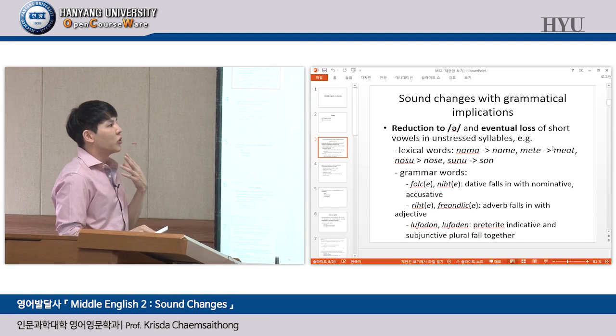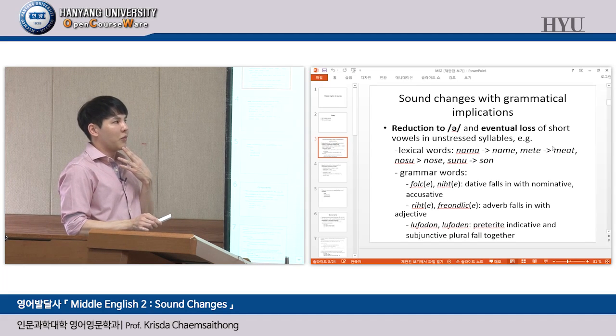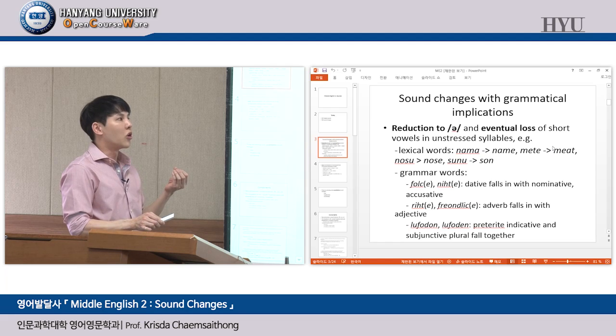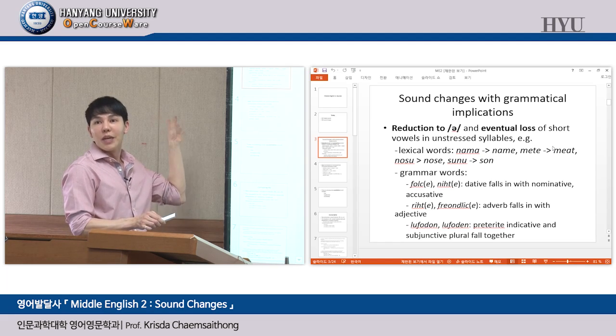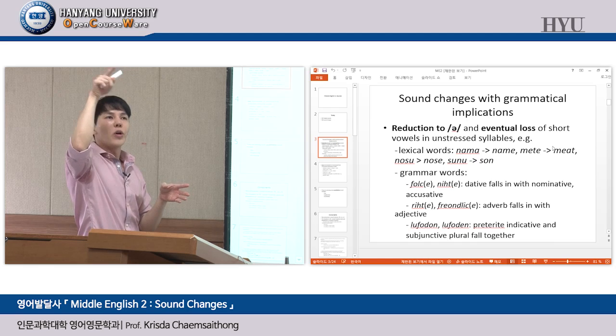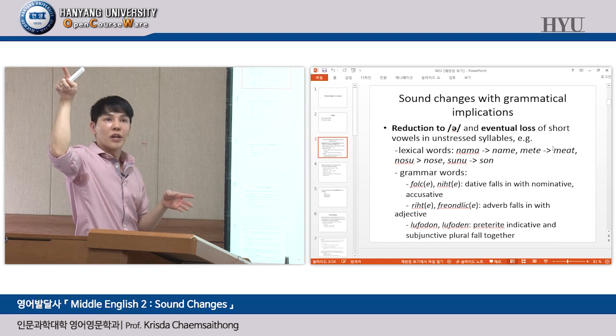So you pronounce it as name, not name-uh, like that. And then nosu to nose, you know why there's an E here? Because su is not stressed, so it became a schwa sound, written or spelled with an E, right? Sunu also, the first U changed to O because of minims. But then the second U became a schwa, so S-O-N-E, sone, right?